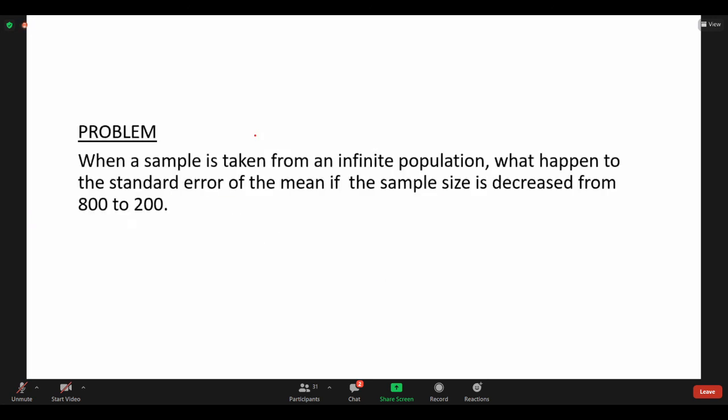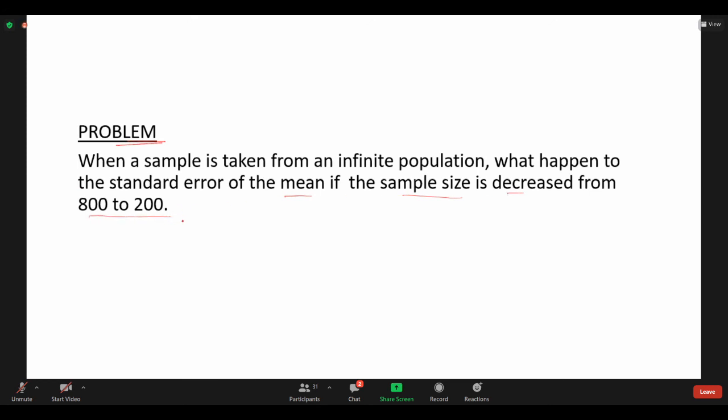All of you see the next problem. Note down this question. Same model: when a sample is taken from an infinite population, what happens to the standard error of the mean if the sample size is decreased from 800 to 200?